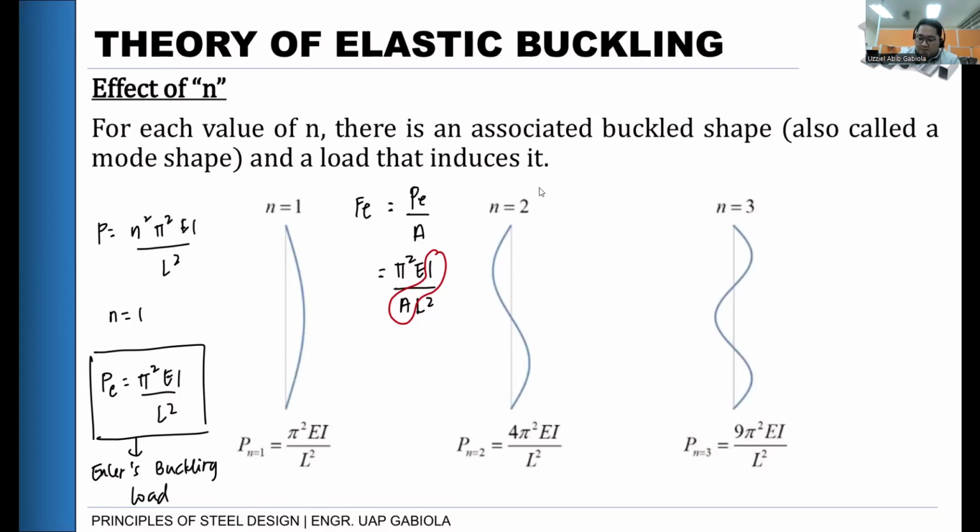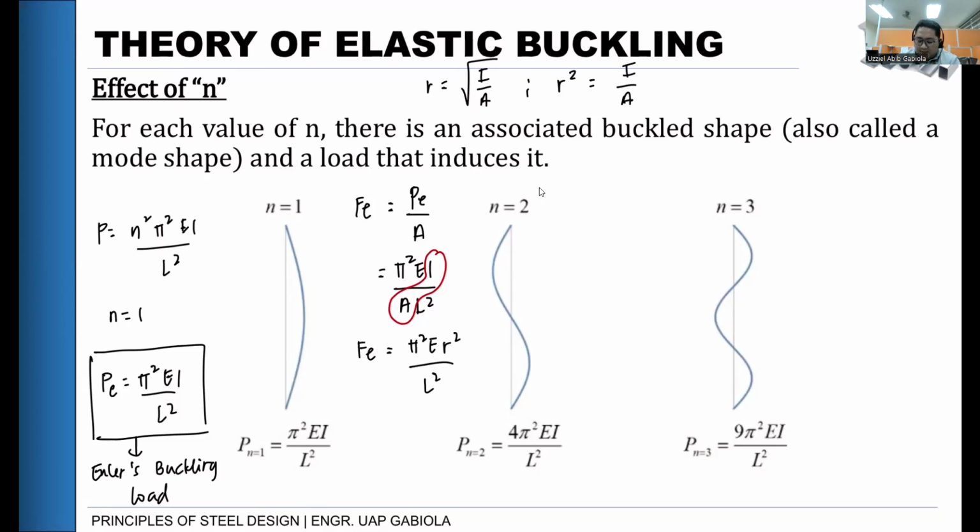Okay? So, may formula tayo before na radius of gyration is equals to square root of I over A. So, kapag in-square natin both sides, we have r squared is equals to I over A. So, going back dito, substitute lang natin yon, pi squared E r squared over L squared. So, that is our Fe.